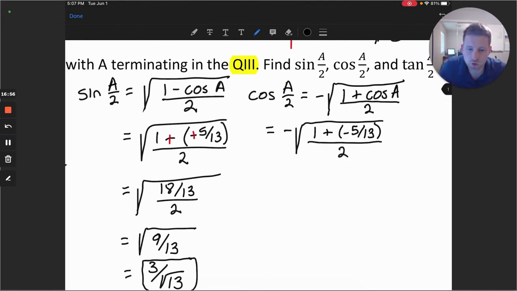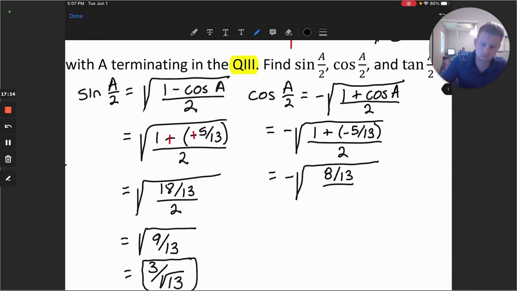If I take a look at the numerator of that radical, 1 minus 5 over 13 will end up getting just 8 over 13. We'll just have 8 over 13 divided by 2. And then if I divide by 2 again down here, 8 divided by 2 is going to be just a 4 there.